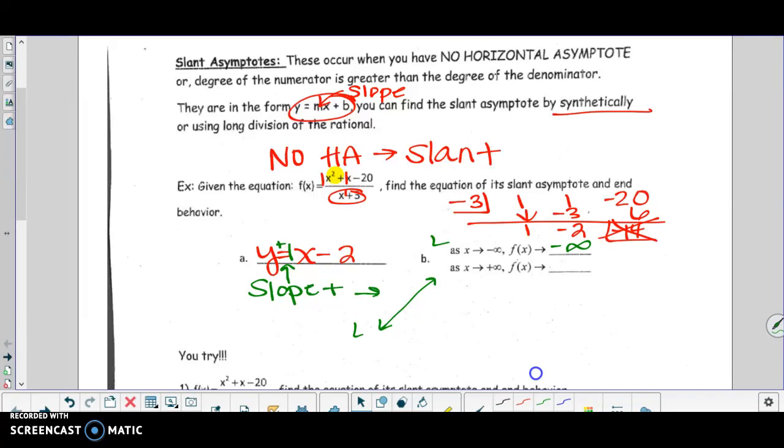The right side is going to positive infinity. You are done. Your end behavior is determined from your slope. If you have a positive slope, this is always going to be your end behavior.